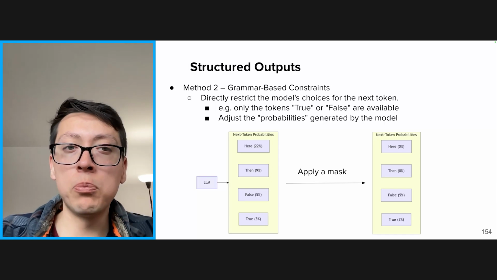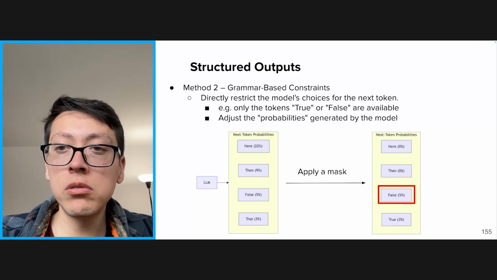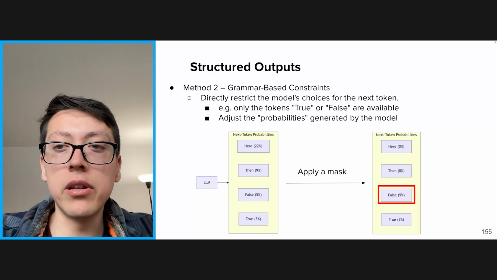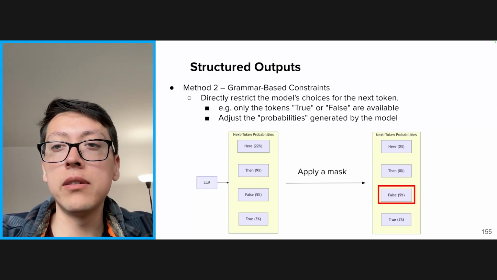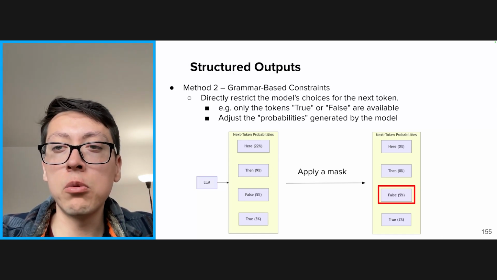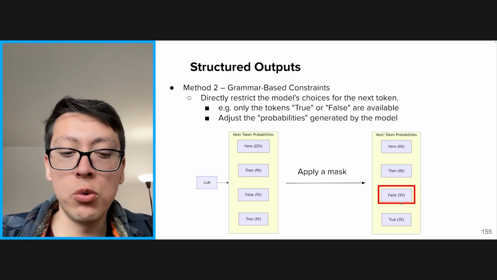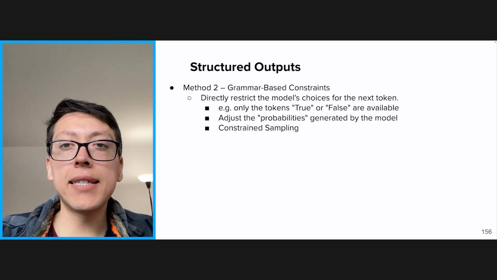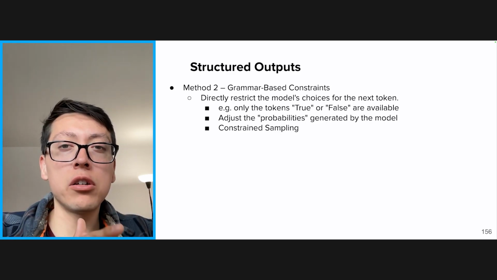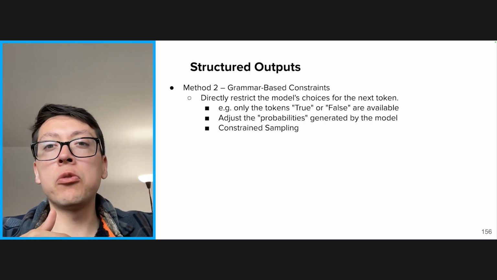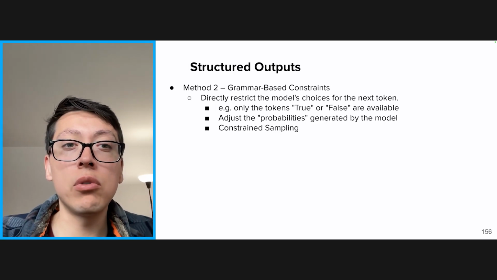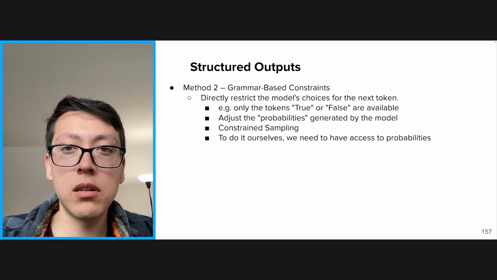Since we put all the other probabilities to 0, the token that will be chosen by default is the highest number. Since all the other ones are at 0, false will be the next token that the model generates. That's what we call constrained sampling, because we are constraining the number of tokens that the model can use to output a response.